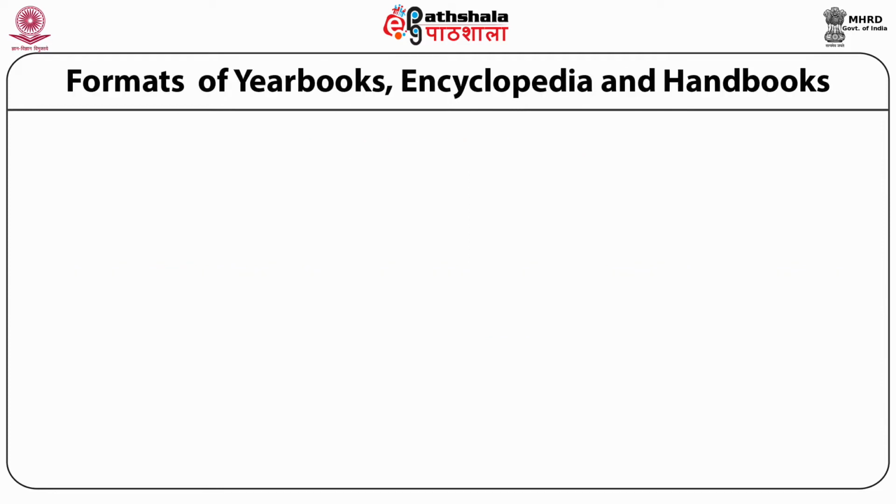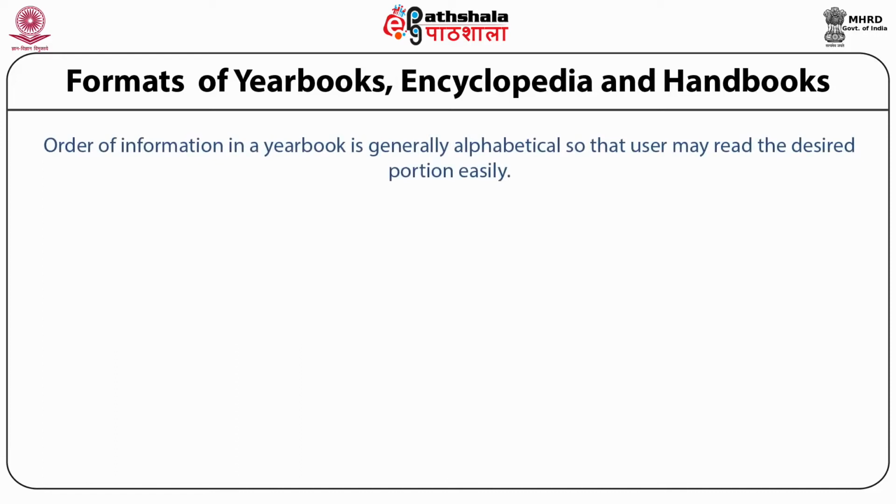Formats of yearbooks, encyclopedias, and handbooks. The order of information in a yearbook is generally alphabetical so that the user may read the desired portion easily. Similarly, yearbooks, encyclopedias, and handbooks follow the same pattern where entries are normally alphabetical.